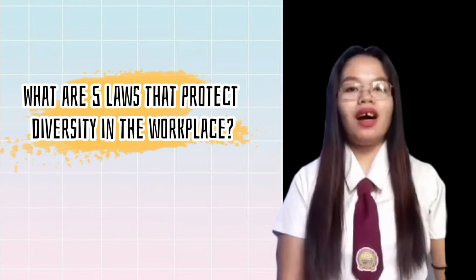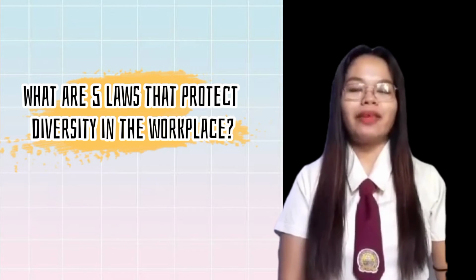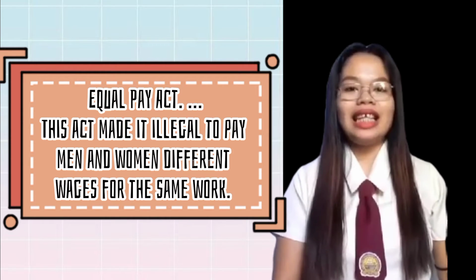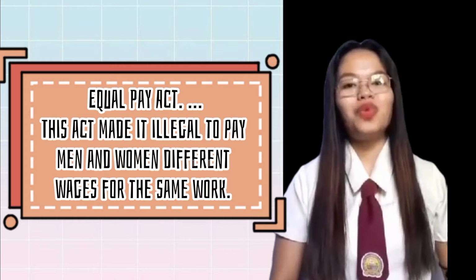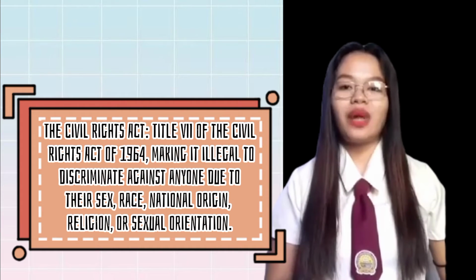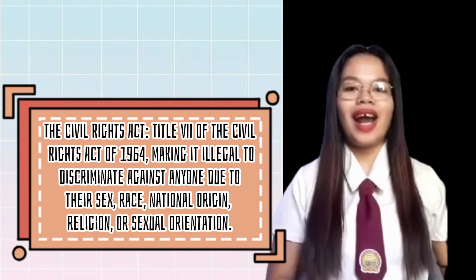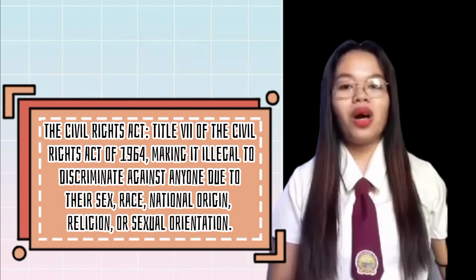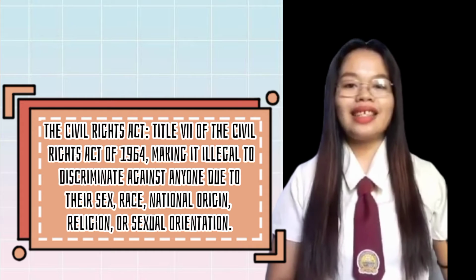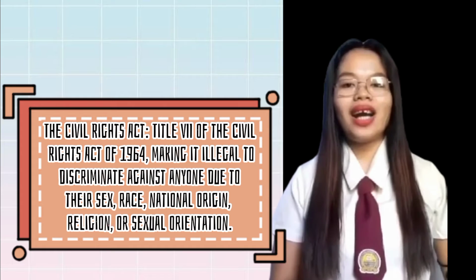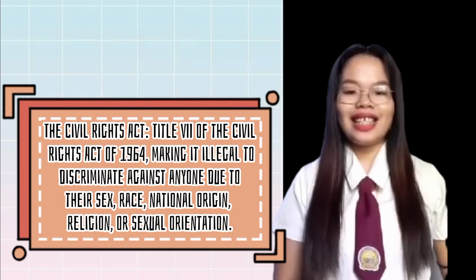What are the 5 laws that protect diversity in the workplace? Equal Pay Act. This act made it illegal to pay men and women different wages for the same work. The Civil Rights Act, Title 7 of the Civil Rights Act of 1964, makes it illegal to discriminate against anyone due to their sex, race, national origin, religion, or sexual orientation.